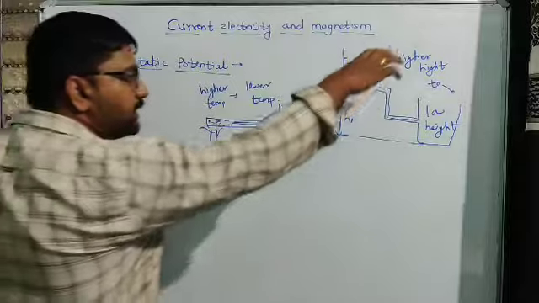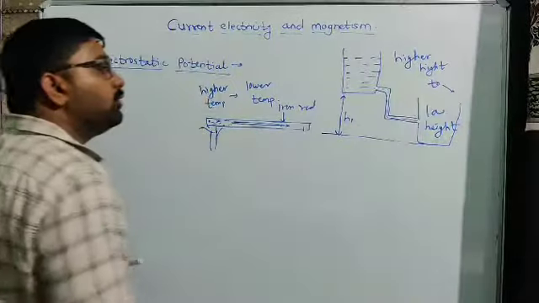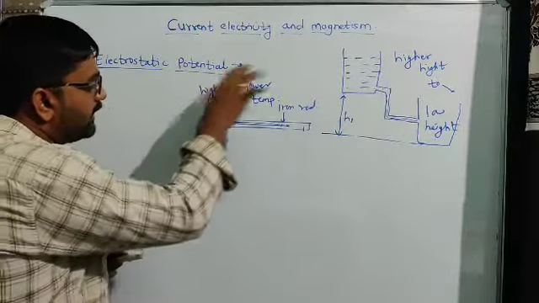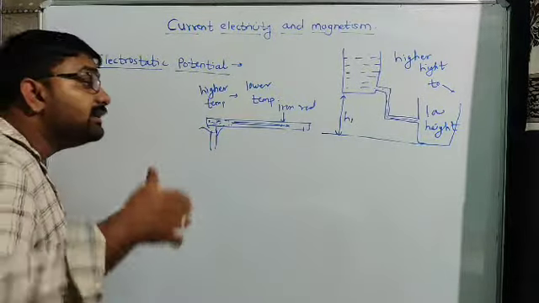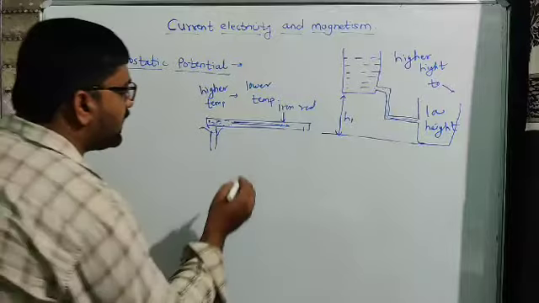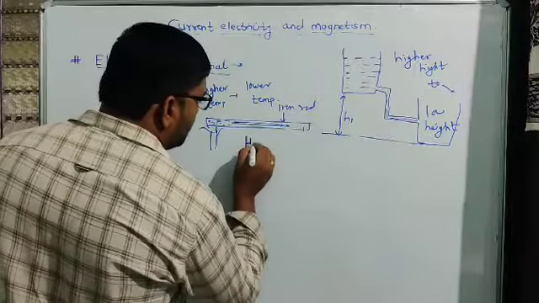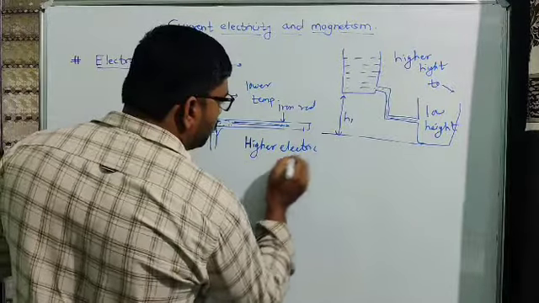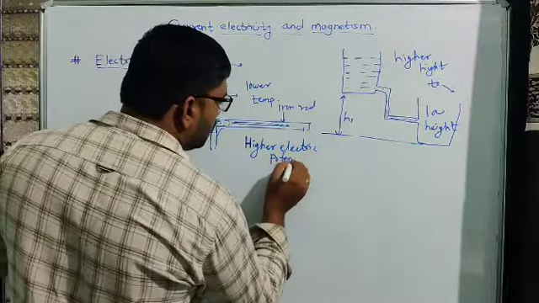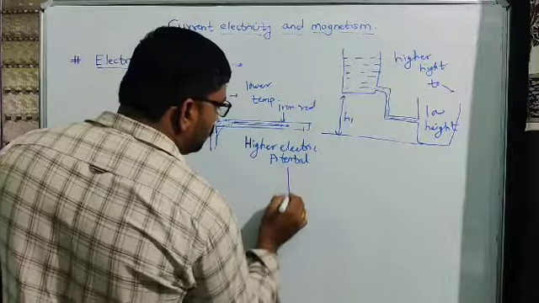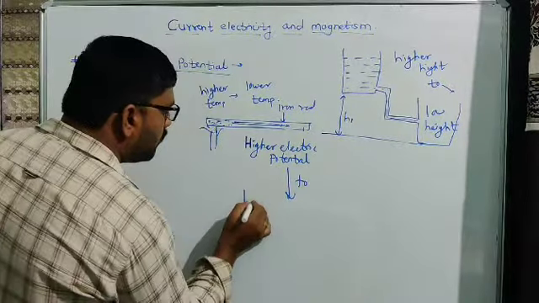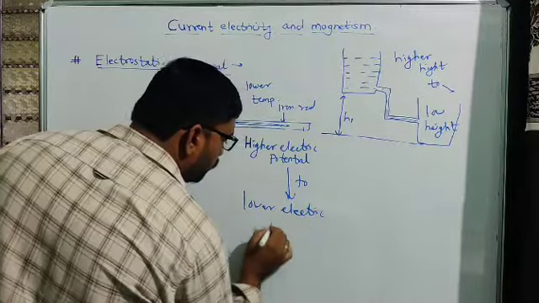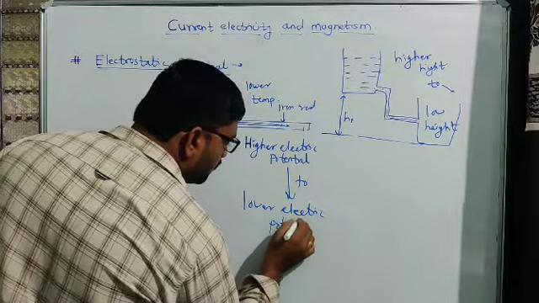As water flows from higher height to lower height, and heat flows from higher temperature to lower temperature, in a similar way charges flow from higher electric potential to lower electric potential.